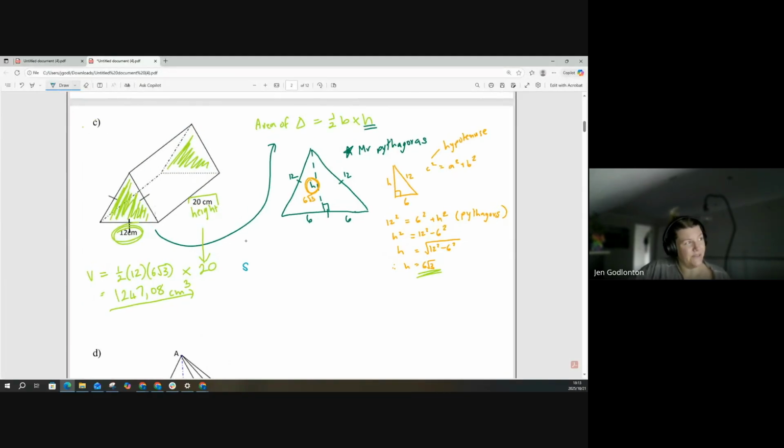So my surface area here, I've got those 2 triangles. So that's going to be 2 times half 12 times 6 root 3. Those are my 2 triangles. Then I have 1, 2, 3 rectangles that are all the same. So I'm going to add 3 rectangles, which are 20 times 12.